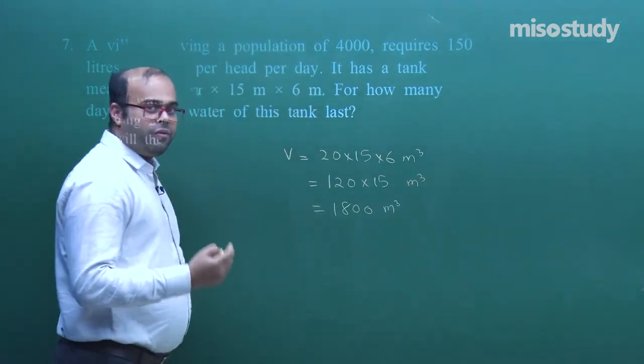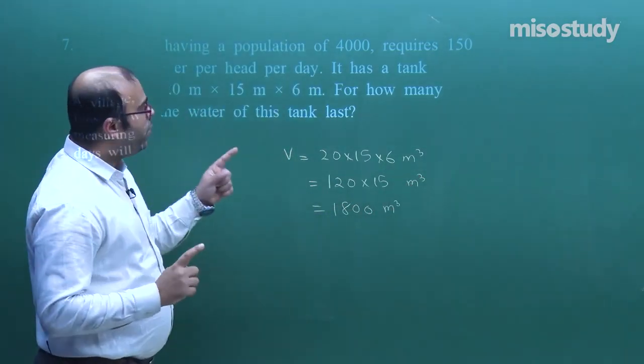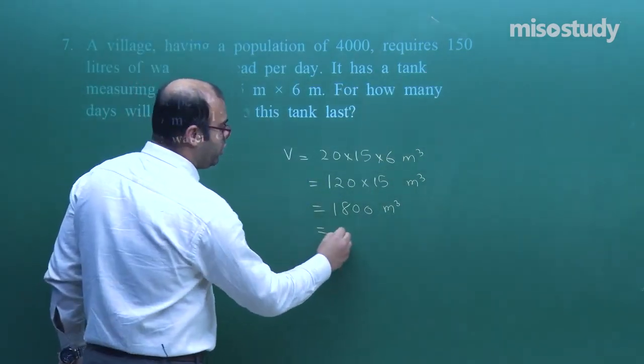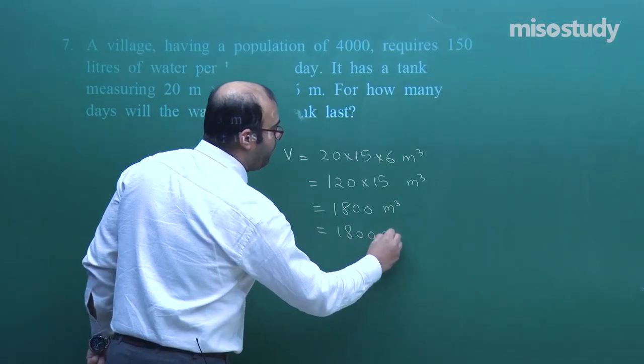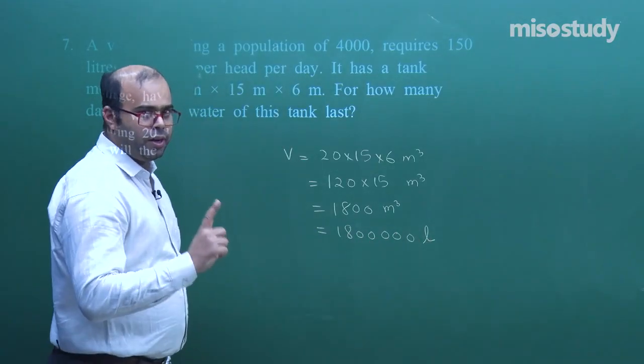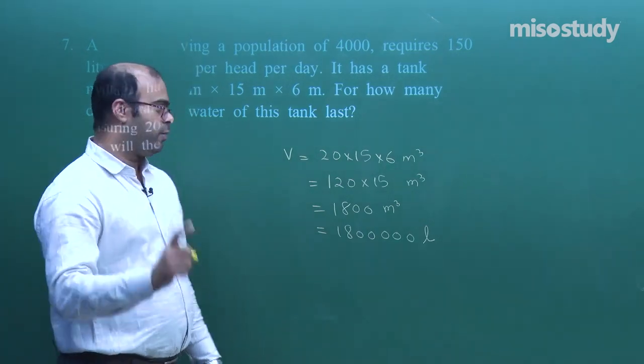Now, the liter is given here, that one particular person in a day uses 150 liter. So let us change it into liter, because 1 meter cube is equal to 1000 liter.